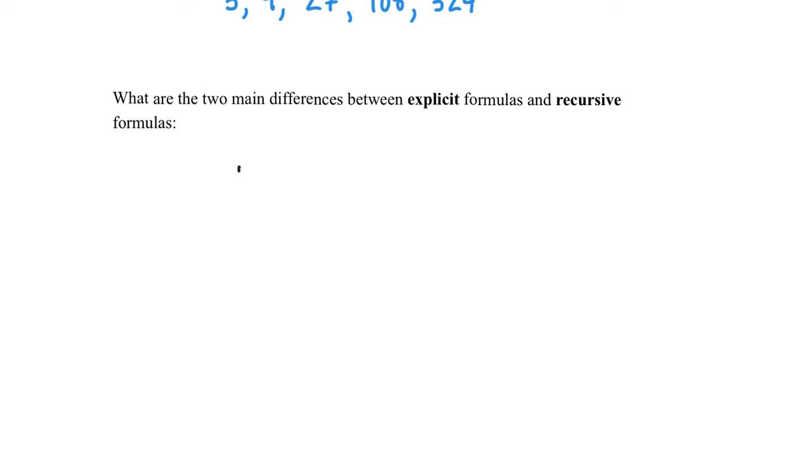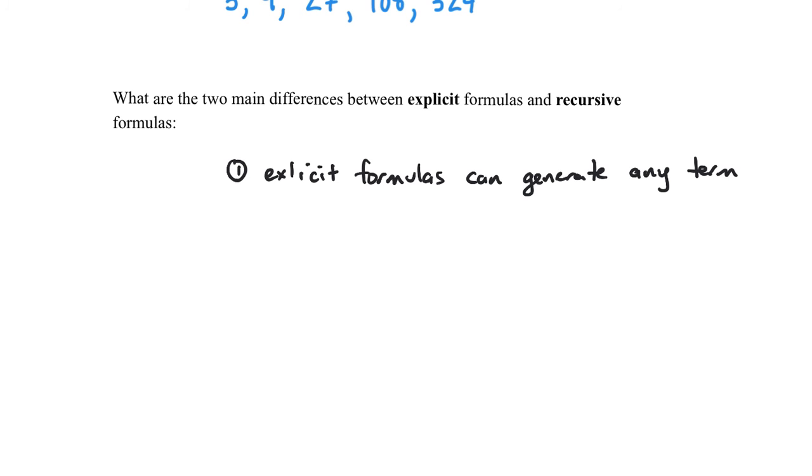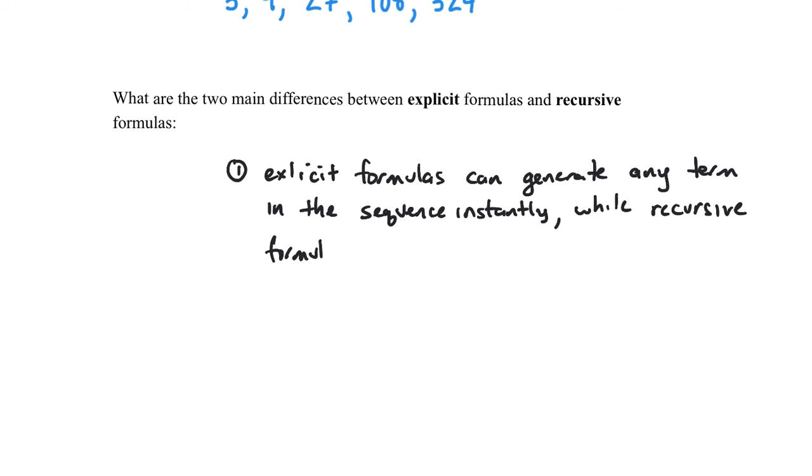Number 1, explicit formulas can generate any term in the sequence instantly, while recursive formulas depend on the previous term.